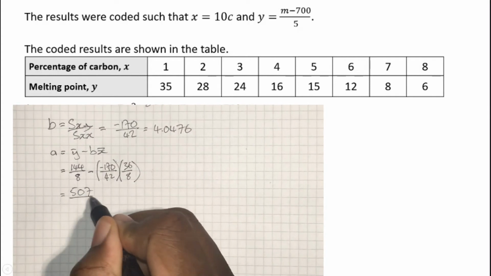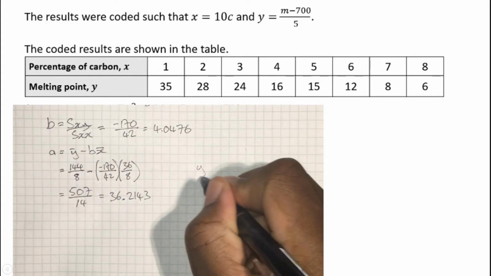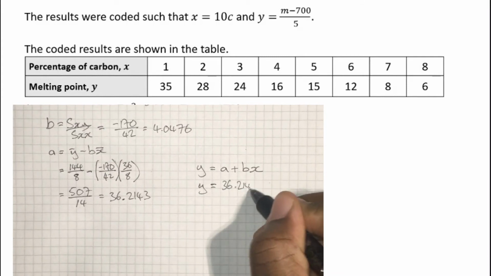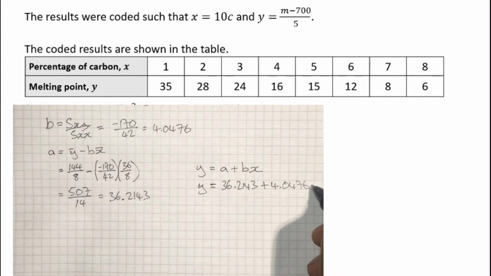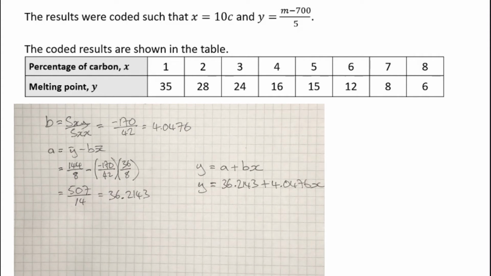Now that I've got A and B, I have enough information to generate my equation. The regression equation is going to follow the form y equals a plus bx. I'm going to substitute my A, substitute my B, and we get y equals 36.2143 plus 4.0476x.